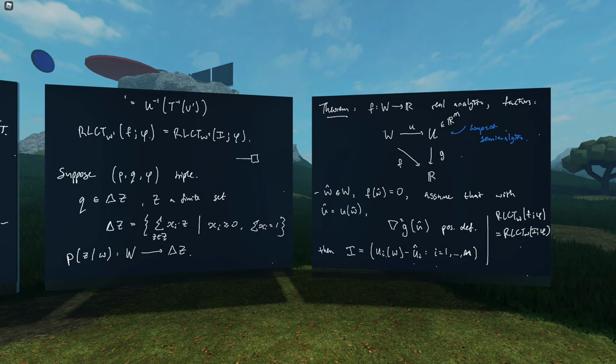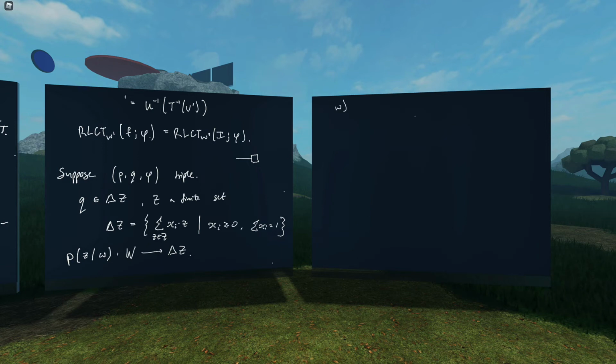So just going to erase the theorem off that board. So then K of W will be the KL divergence between Q and P of blank given W, for any fixed W. Well, anyway, let's just write it down.